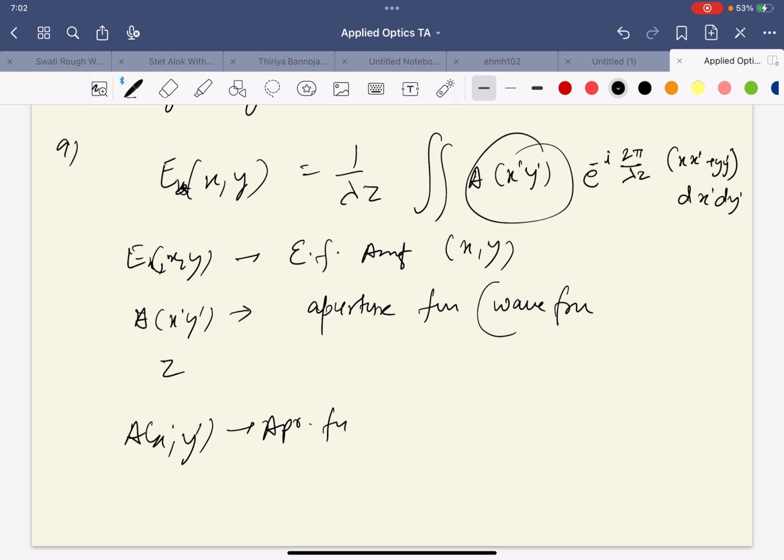For a uniform aperture, A can be taken as a constant value across the aperture area. The exponential term represents the phase difference between the light waves emanating from different points on the aperture and arriving at the observation point.